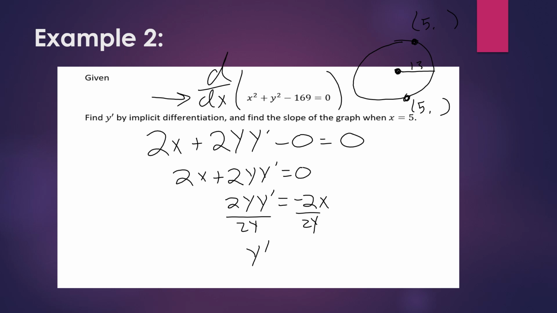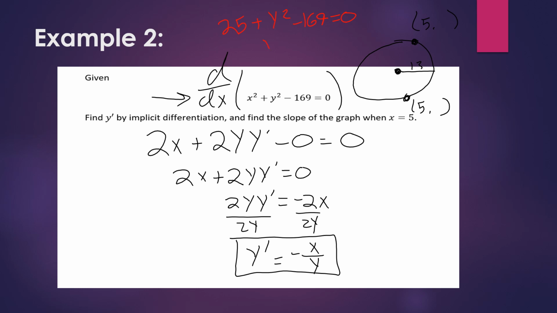And we're going to get y prime equals negative x over y, which is actually the exact same answer that we were getting on example 1. And it has to do with the fact that this is going to be a circle. So let's go ahead and find our y values. If I plug in 5 for x, I'm going to get 25 plus y squared minus 169 equals 0.